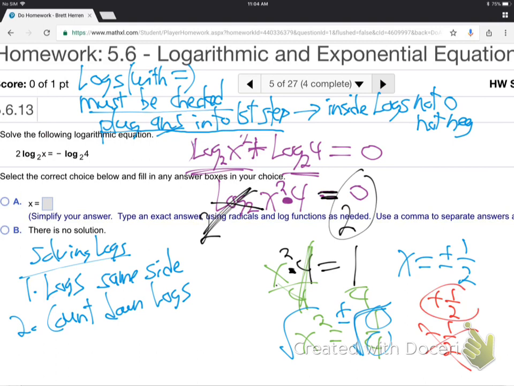So the only answer is just the positive 1/2. We're done. Questions on that? So log countdown: we get them on the same side, and we count down the logs, and at the end we check. There it is, the secret ingredients for solving log problems.